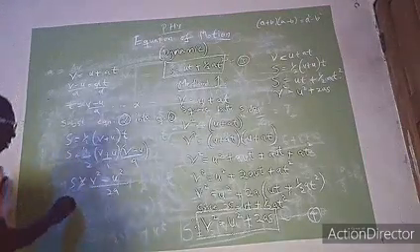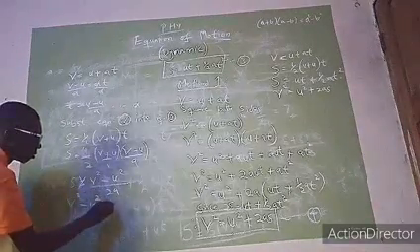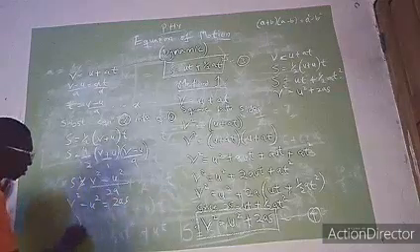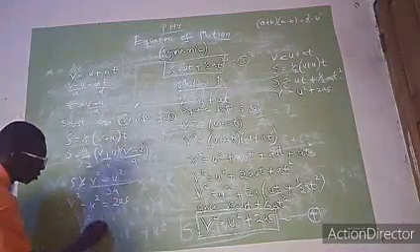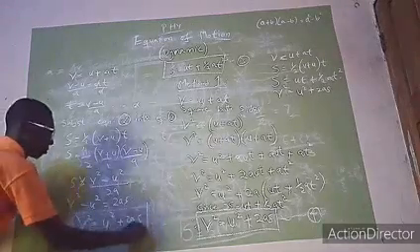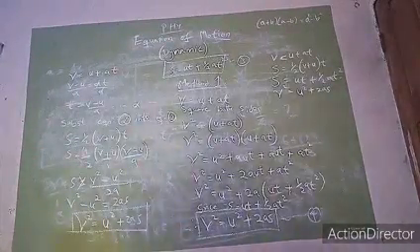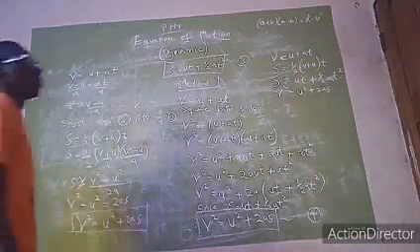If I cross multiply, I'm having V squared minus U squared equals 2aS. So my V squared is equal to U squared plus 2aS. I don't think this is even faster and better than that. So that's just it. Quite easy.